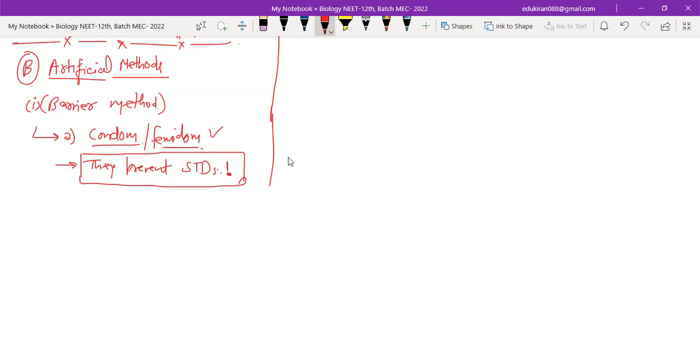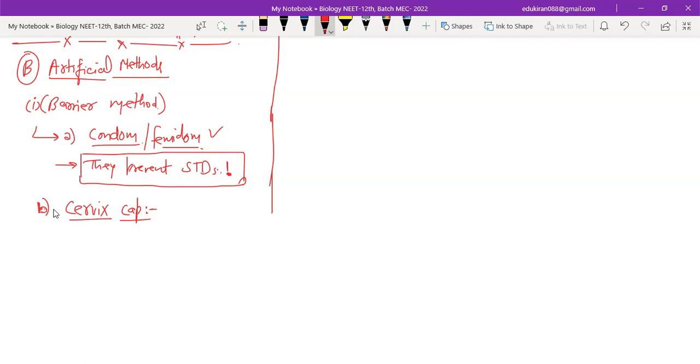Apart from this, there are other barrier methods which are known as cervical cap or cervix cap. As the name suggests, it's like a cap or a barrier which is placed at the beginning of the cervix. Remember, cervix is that narrow region from where uterus starts in the female. Vaginal tract, then there is the cervix, which is the gateway to the uterus.